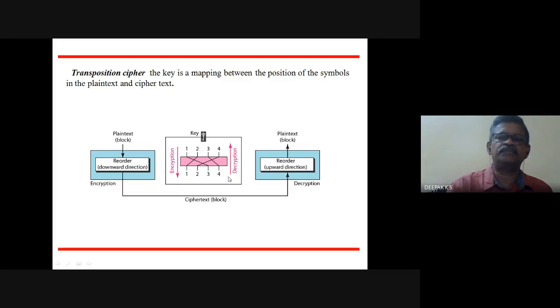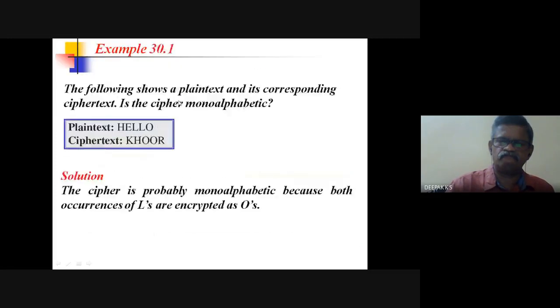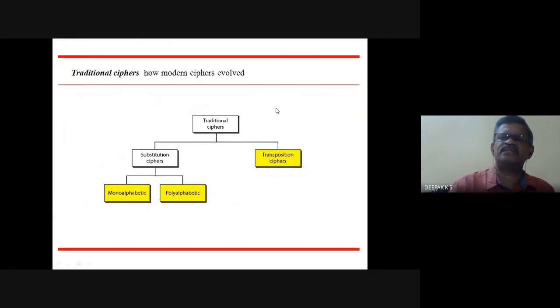If this is the encryption, for decryption you go in reverse. This set of numbers, this mapping, forms the key. So this is the transposition cipher. The key is mapped between the positions of the symbols in plain text and ciphertext. So these are the traditional ones, substitution and transposition.